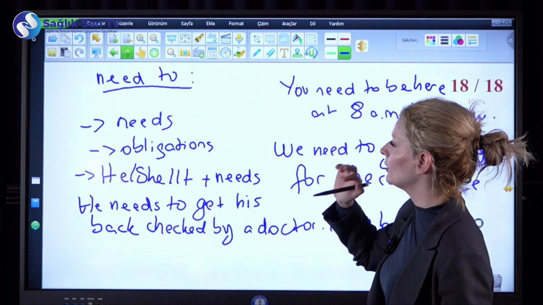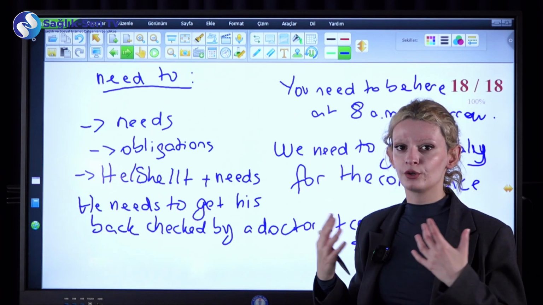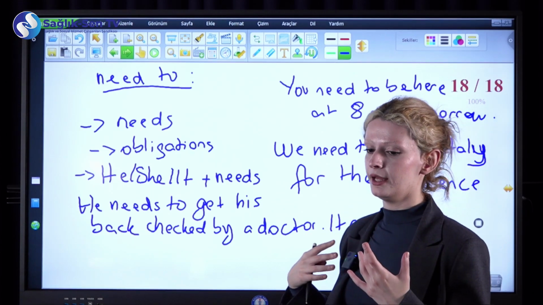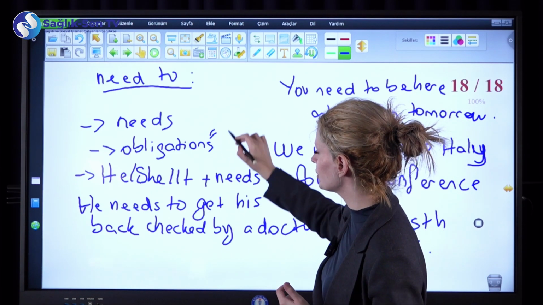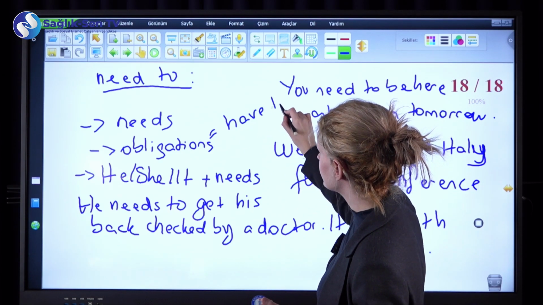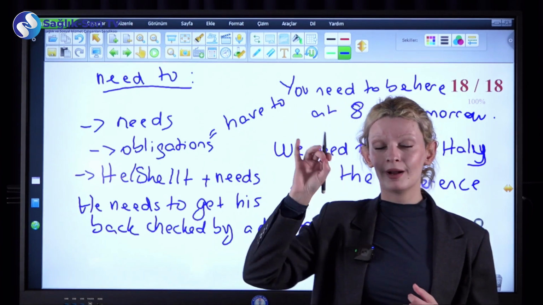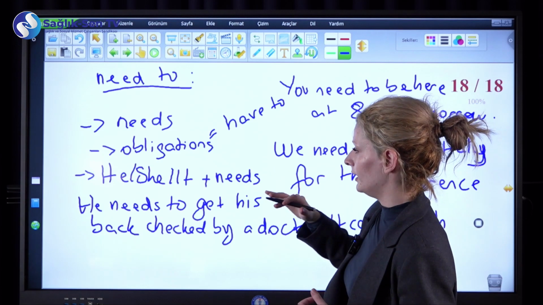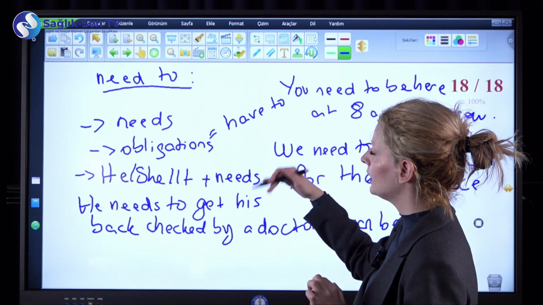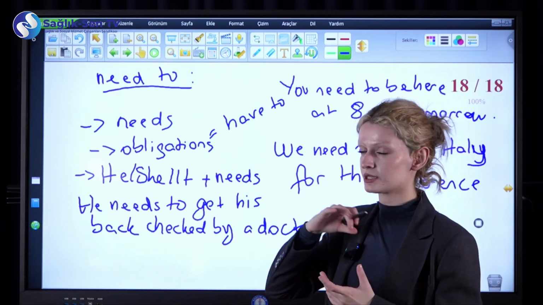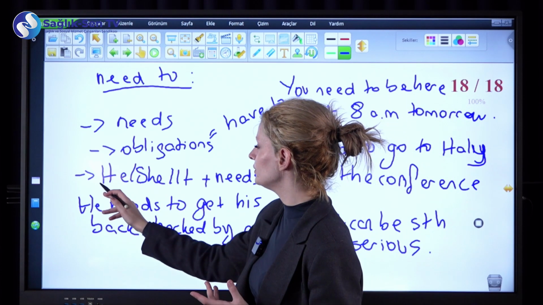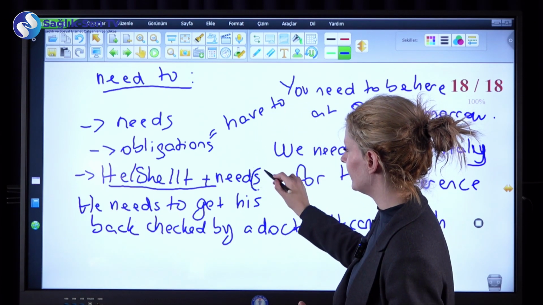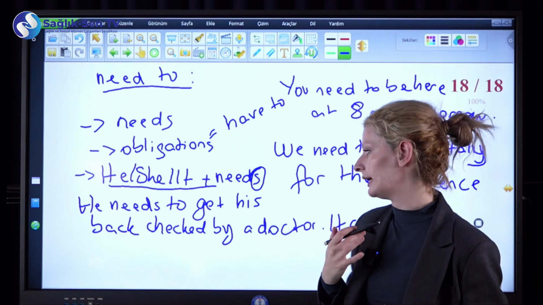Then we talked about need to. We can represent our needs or, again, obligations. But when it comes to obligation, it is the same as have to. It comes from outside. And, again, our grammatical structure changes depending on the subject of the sentence. If we're using he, she, it, then you need to add an s.